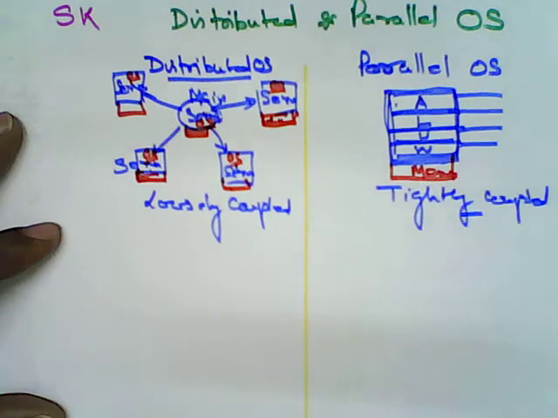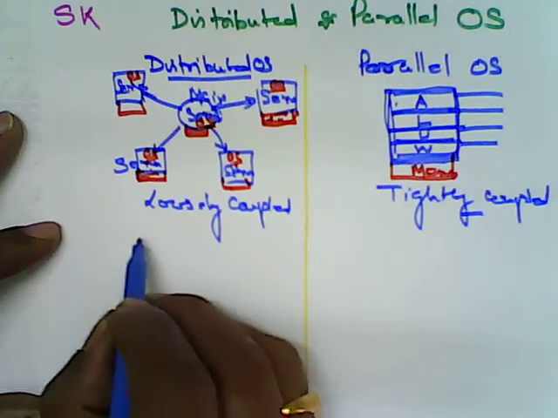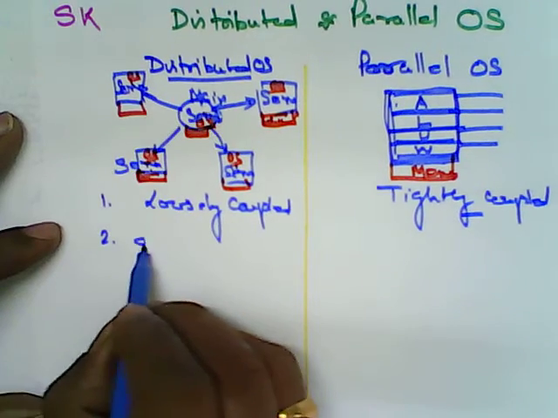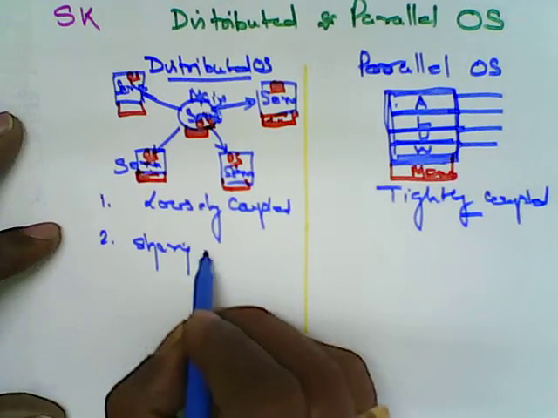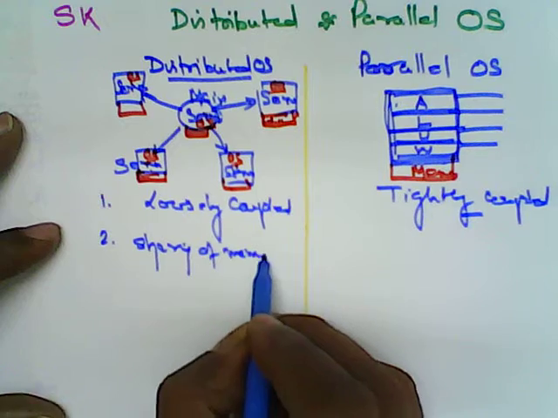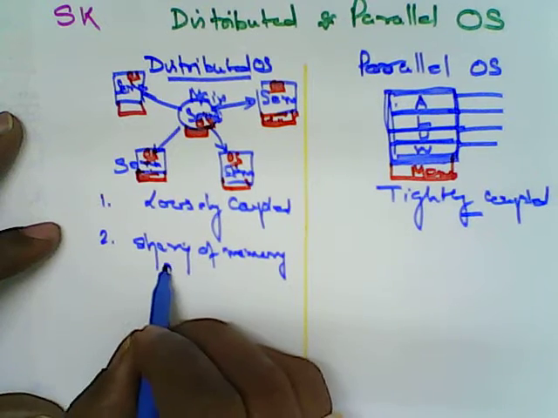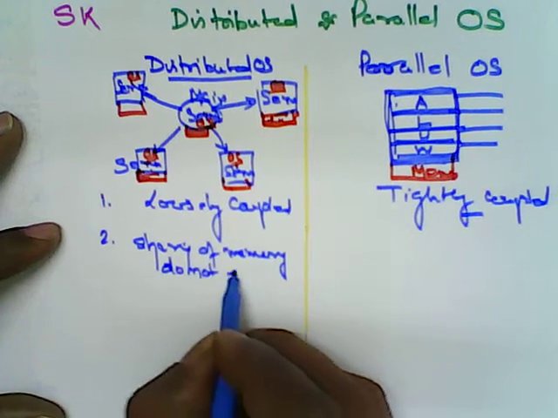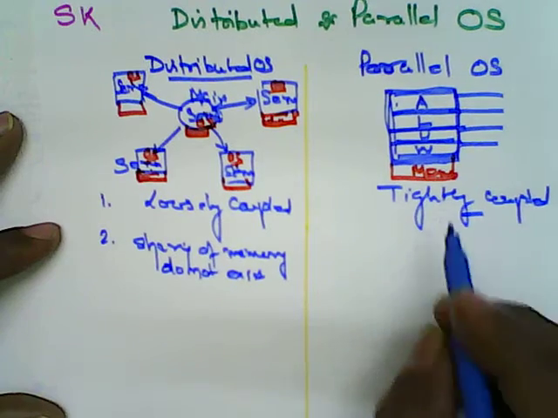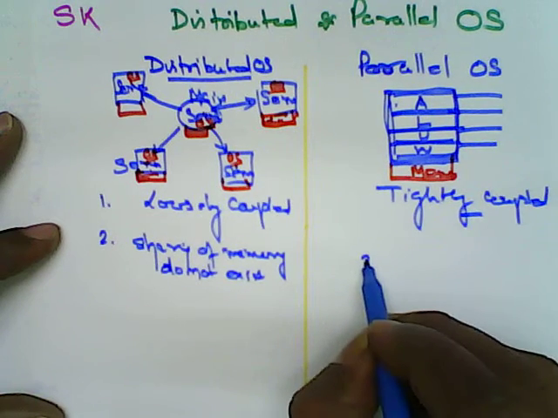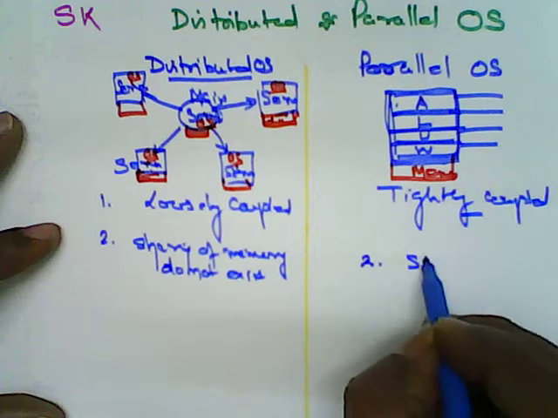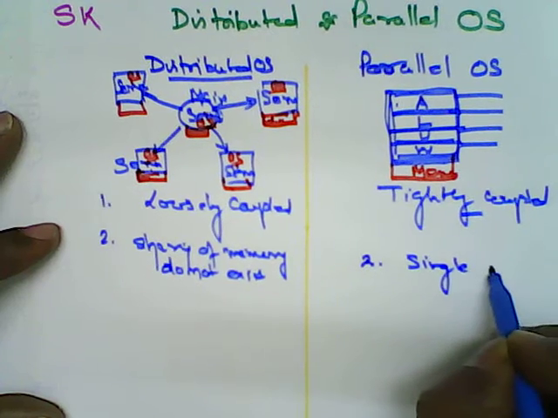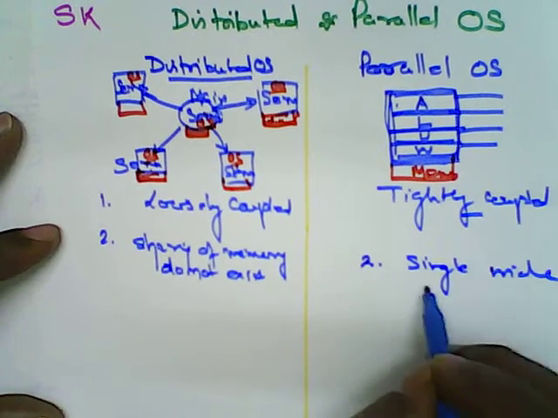So that's why in the distributed case sharing of memory does not exist. Here, yes, you can put it as a single wide primary memory.